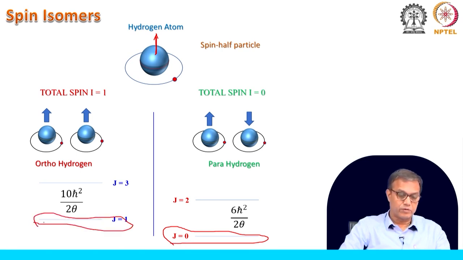These are the lowest states for the parahydrogen and the orthohydrogen, and orthohydrogen has 3-fold degeneracy. So, mostly J equals 1 or J equals 0 will be populated, because this difference would be more than 516 Kelvin in terms of temperature.